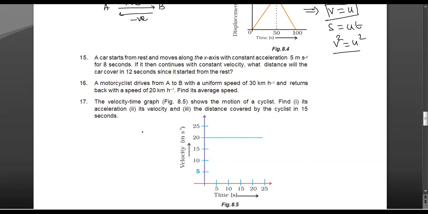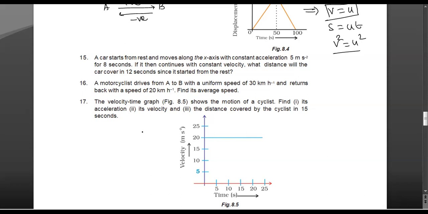Question number 15. Have you solved this one? Hamna, you're not responding.